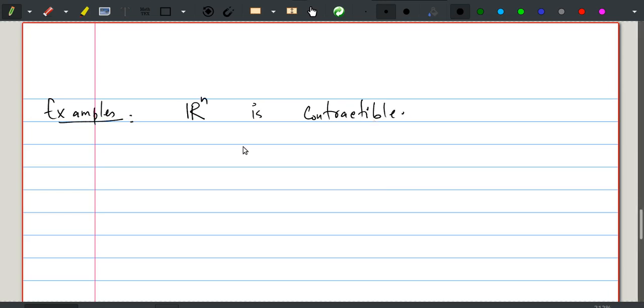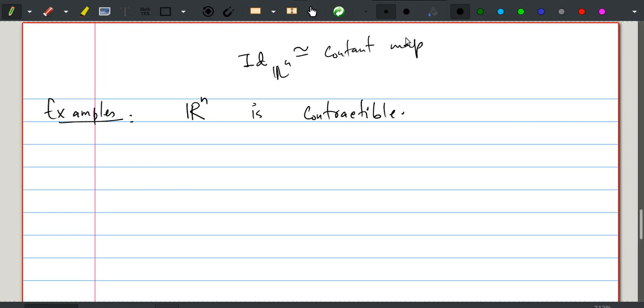We have seen earlier that in order to show that a space X is contractible, we have to prove that the identity map on X is homotopic to a constant map. So here, to prove Rn is contractible, we just need to prove the identity on Rn is homotopic to some constant map.